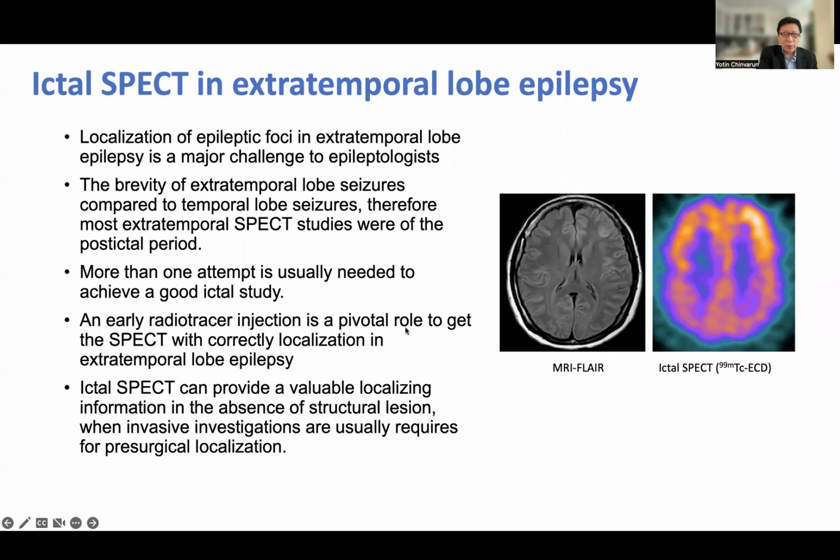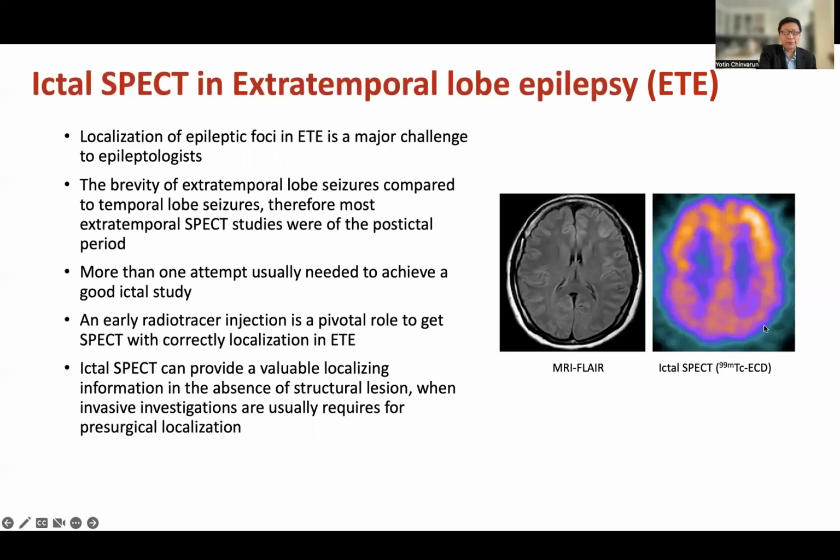Early tracer injection provides correct localization in extratemporal epilepsy, and ictal SPECT can also provide valuable localizing information in the absence of a structural lesion, when invasive studies are usually required as the next step for presurgical evaluation. Here is an example of good ictal SPECT in frontal epilepsy.